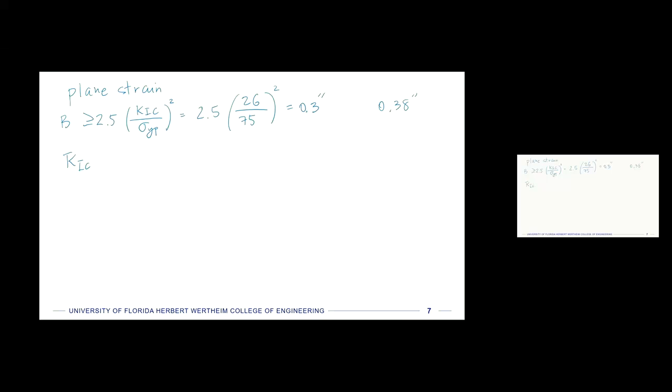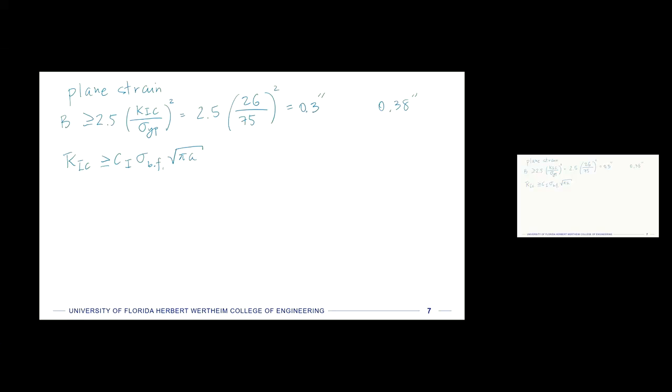So for us to stay safe, we need to stay below K1C, less than or equal to our geometry factor times the stress for brittle fracture, keeping track of that, times the square root of pi a.